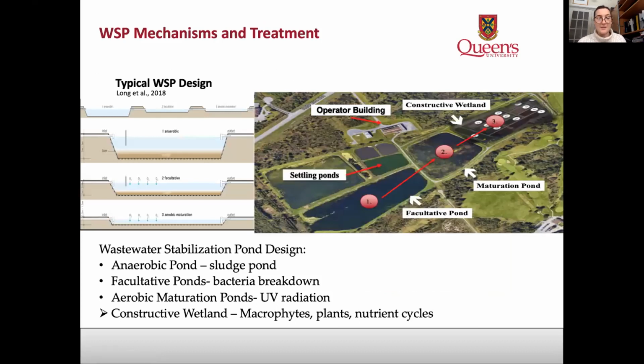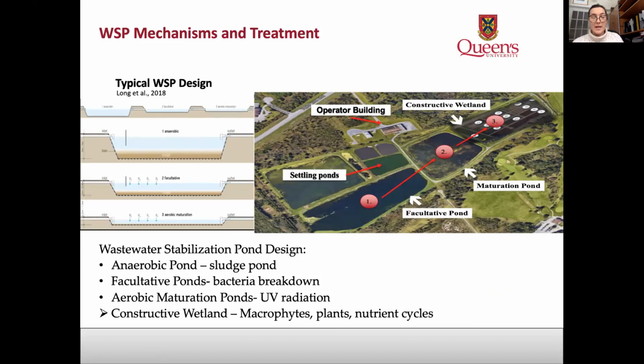And so that brings me into my research topic, which is my master's, looking at wastewater stabilization ponds. So there are different types of wastewater treatment systems in Canada. There's primary, secondary, and tertiary treatment. These are basically in succession, but there are different types of secondary wastewater treatment systems. There's chemical, but then there's also sustainable.